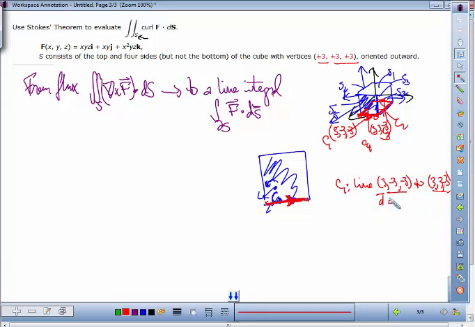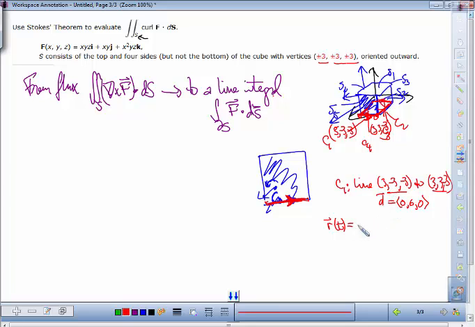So head minus tail, I get a 0 for x. My y is going to be the head minus the tail, 3 minus negative 3, which is 6. And then negative 3 minus negative 3 is 0. So the direction looks like this: (0, 6, 0). To parameterize this, this is a curve, so it only has one variable t.